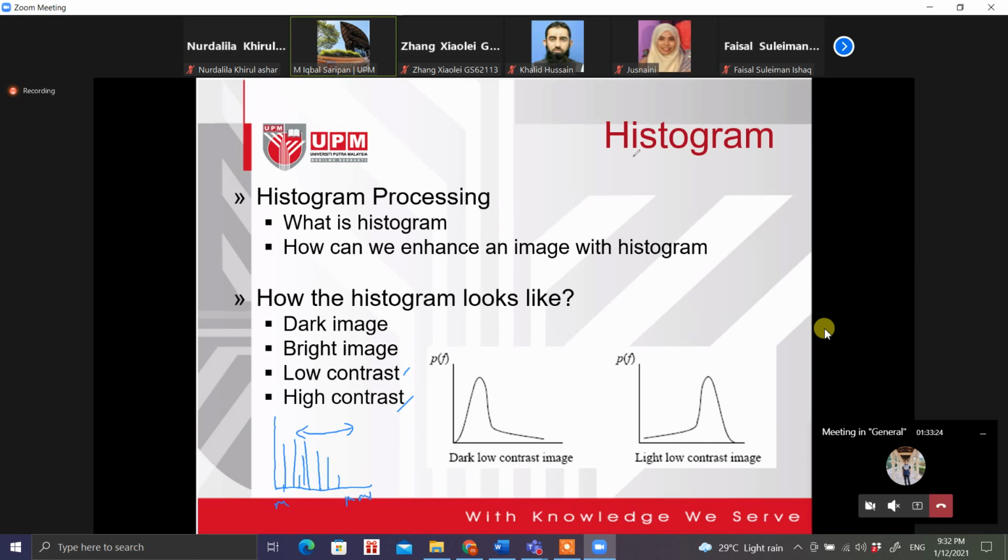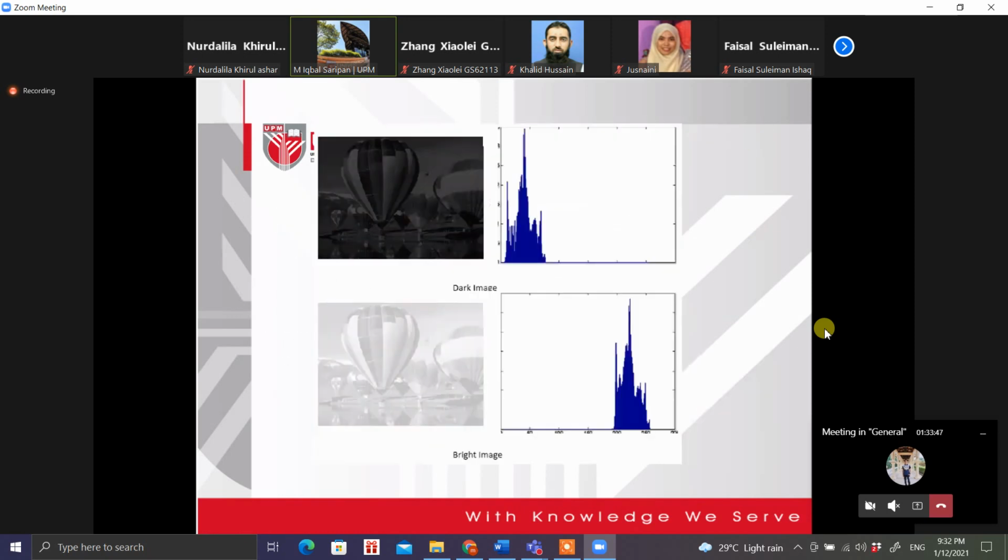So we can use this particular information of the histogram to further improve our image. This is an example.